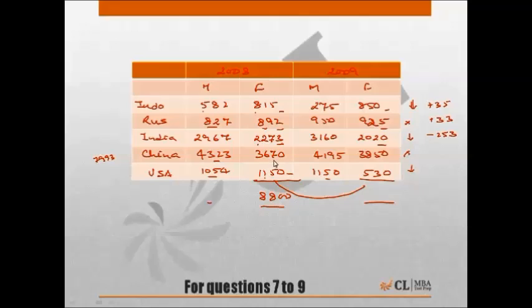China from 3670 has gone up to 3850. So that makes it 200 minus 20, so plus 180. And USA has gone down by 620, so minus 620.